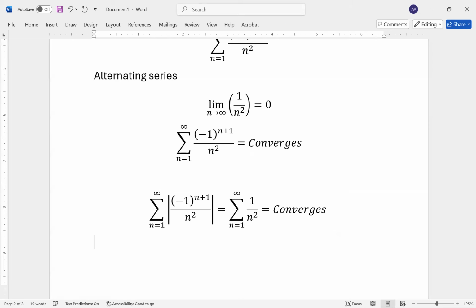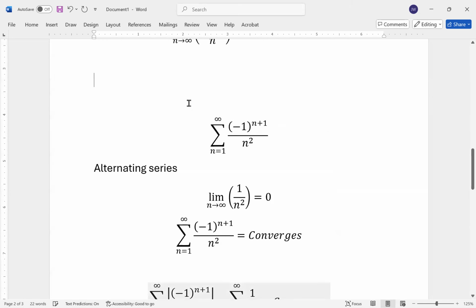Again, that's because we have a p series with p of 2. This means that my original series converged. The absolute value of the terms series also converged.